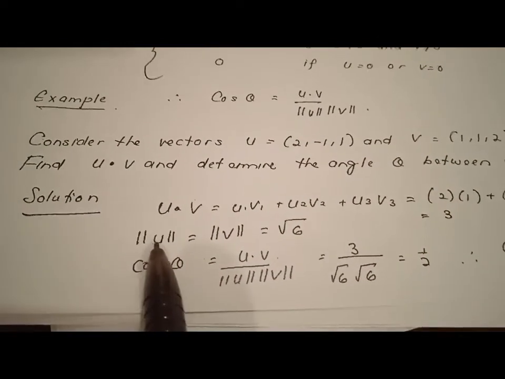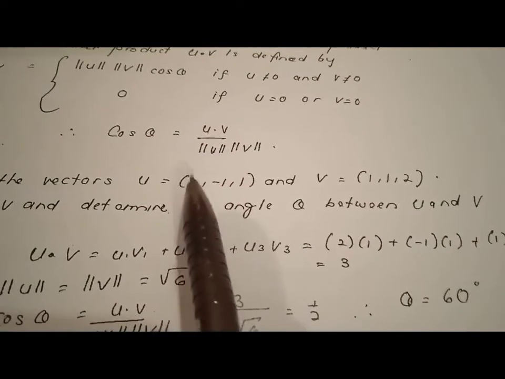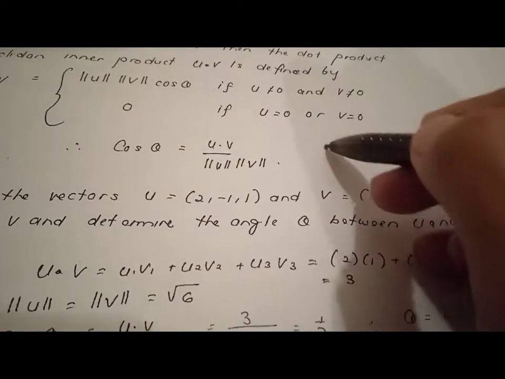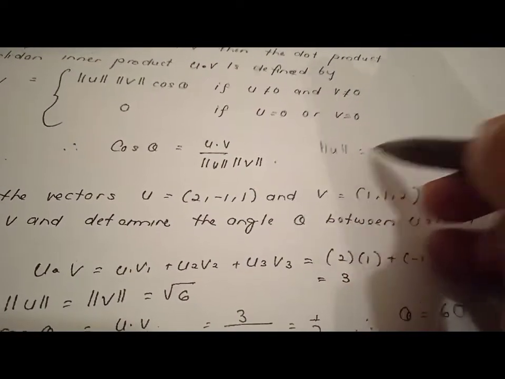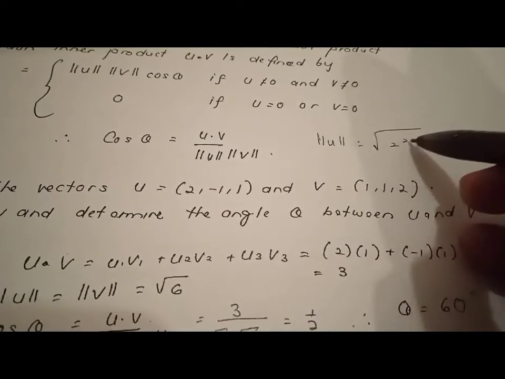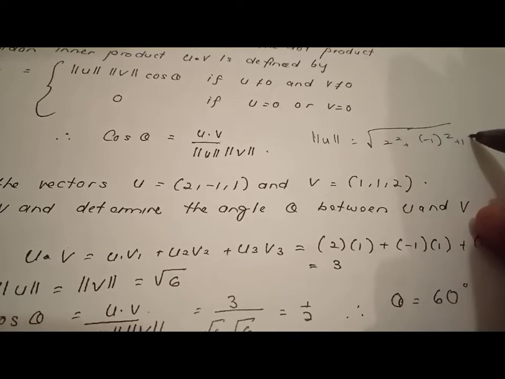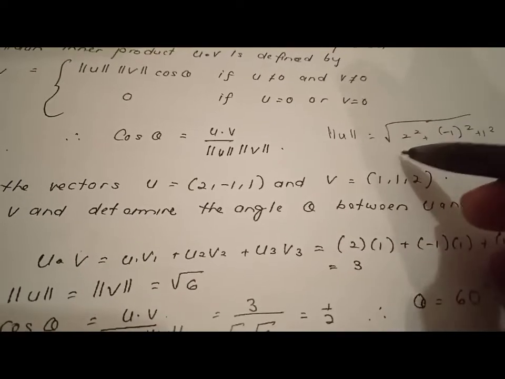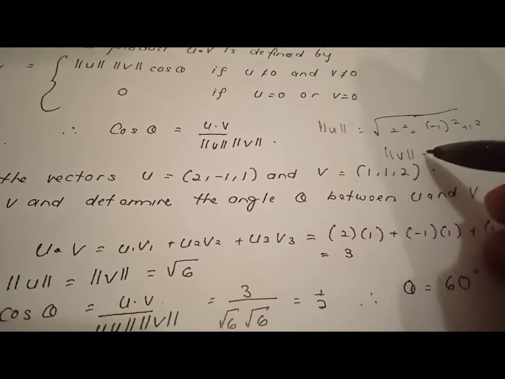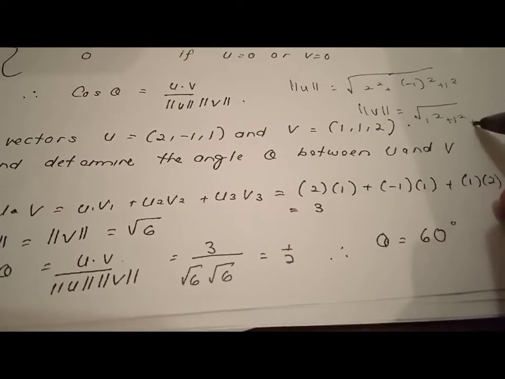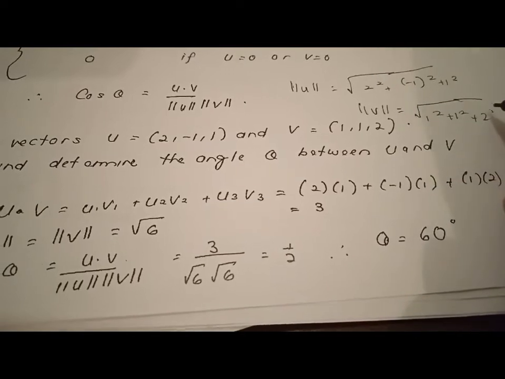Then we find the length of u and the length of v. The length of u is the square root of 2 squared plus minus 1 squared plus 1 squared, and the length of v is the square root of 1 squared plus 1 squared plus 2 squared.